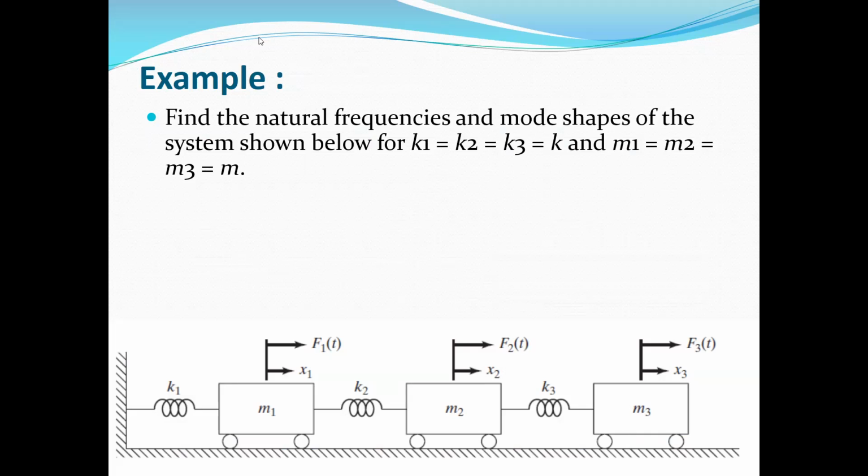We consider the generalized coordinates x1, as you can see, x2 and x3. Also this system is subjected to the external forces F1, F2 and F3, which are applied to the masses M1 to M3 respectively.